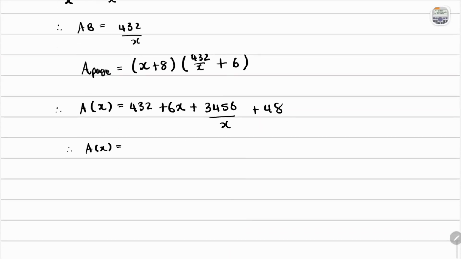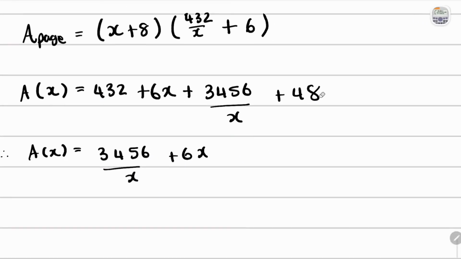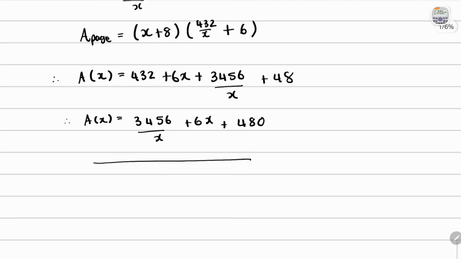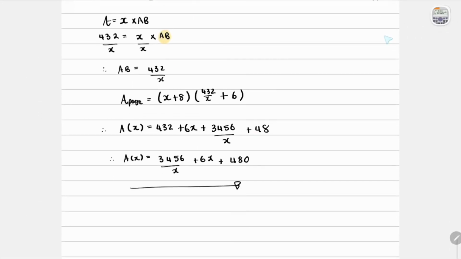So they put the 3,456 first. So that is 3,456 over X plus 6X. And then these add together. So that's going to be 480, plus 480. And that is our answer. That is the area of the entire page in terms of X.